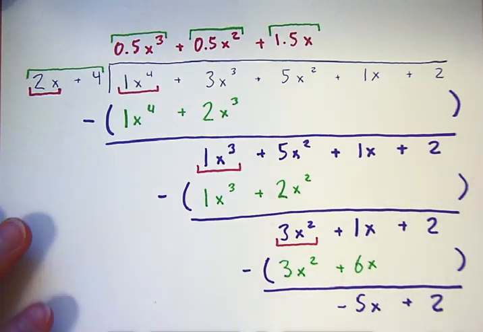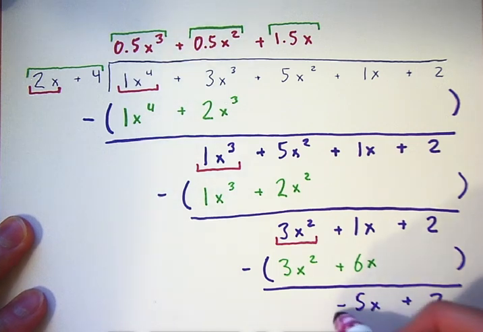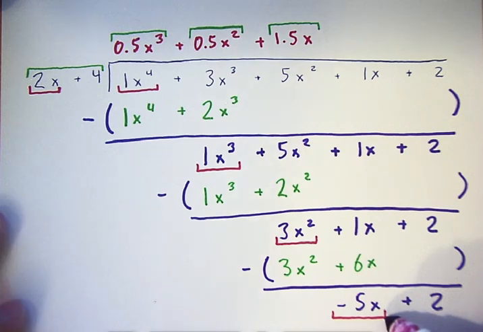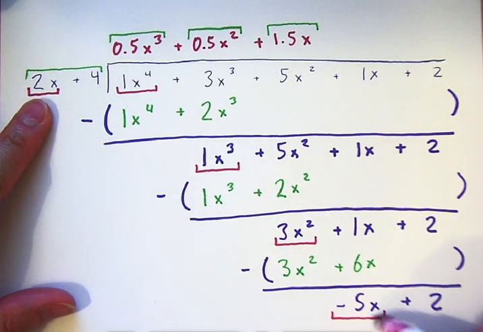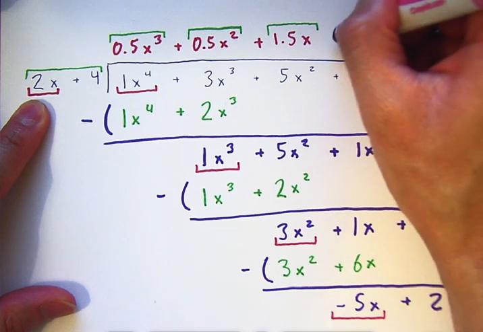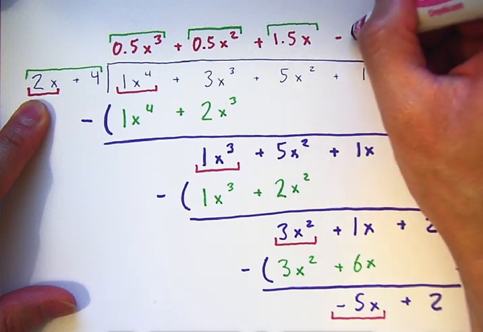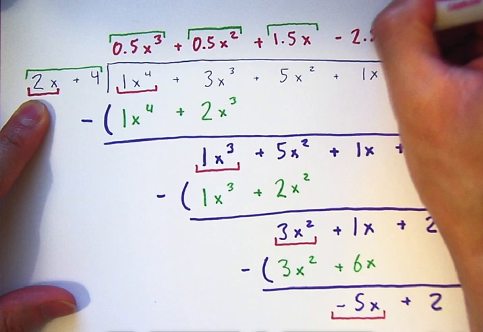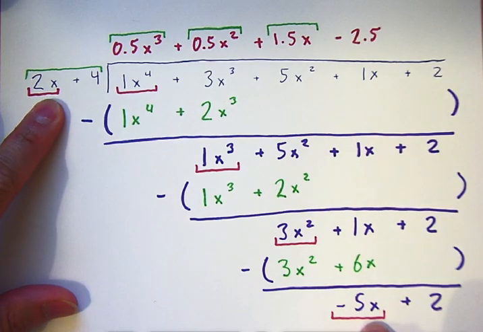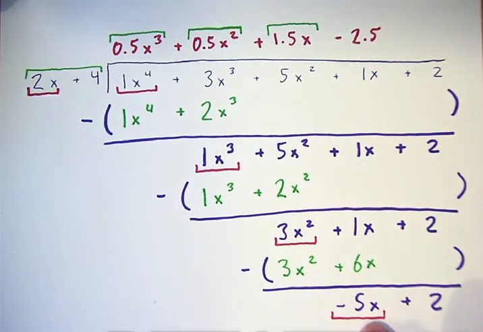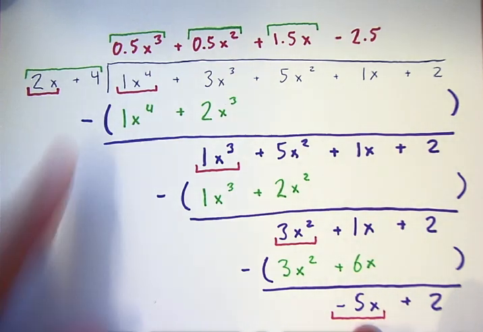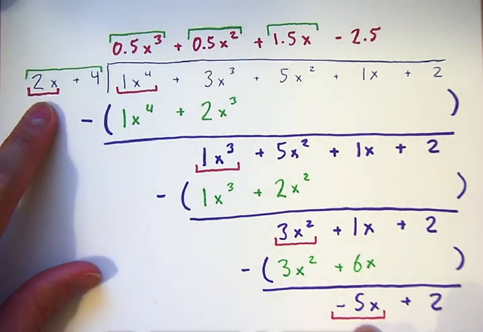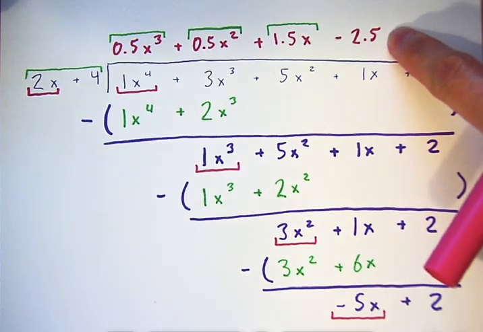All right. I now divide the first term here in my quotient by my divisor. Negative 5x divided by 2x. Negative 5 divided by 2 is negative 2.5. x divided by x, there's no more x's. Okay, so negative 5x divided by 2x gives me negative 2.5.